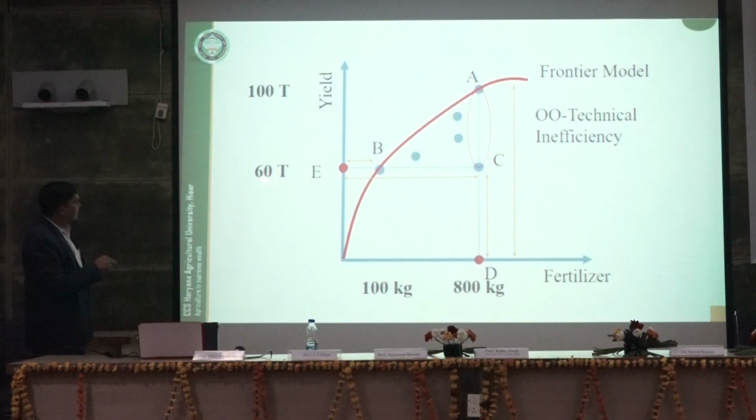This is the production, and these are the doses. If 100 kg is the fertilizer, then this is the production, and at 800 kg the same production is there. It means there is also inefficiency, but in terms of input. So this is called input oriented inefficiency. Clear?